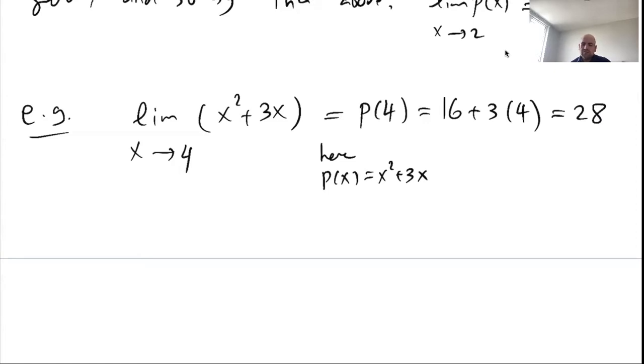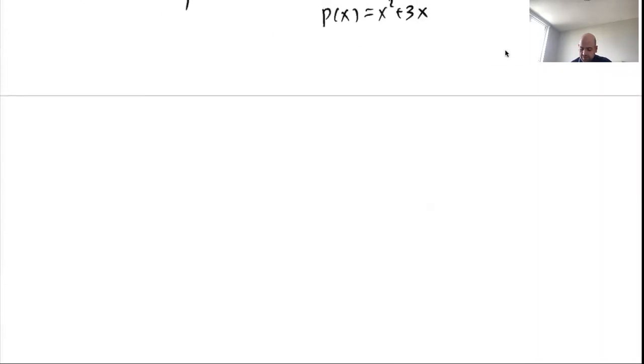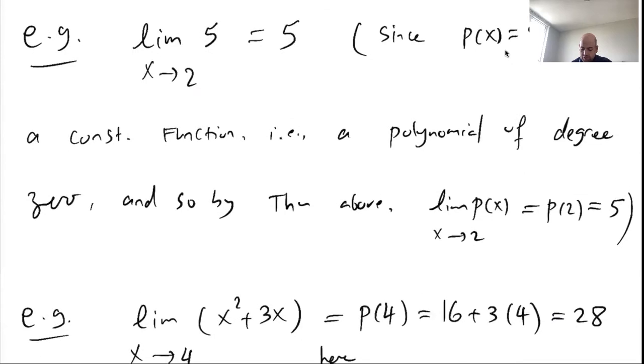And on the other side, you can look at 3.9, 3.99, and so on, and you will see that the outputs get closer and closer to 28. Okay, so this is one important theorem and one important property.